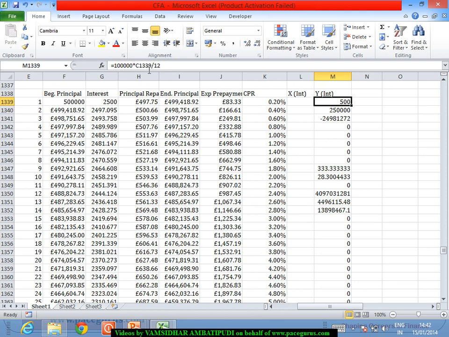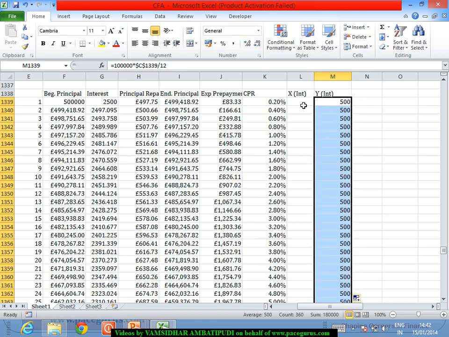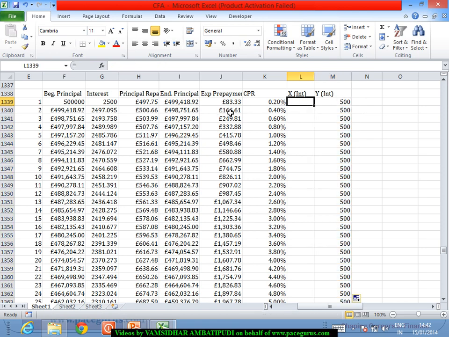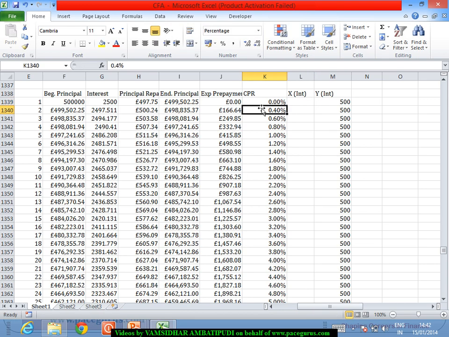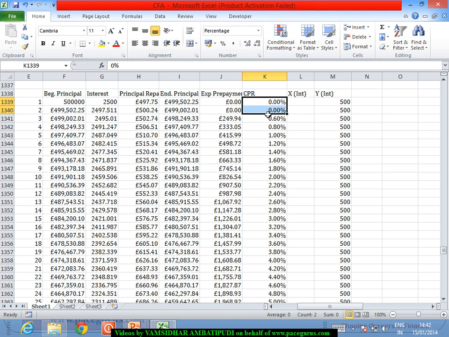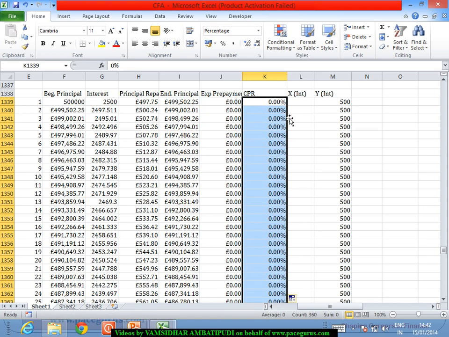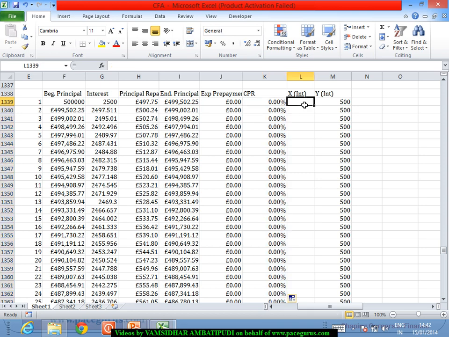So the tranche Y will be receiving interest of 500, whereas the tranche X, so for time being let me make the CPR rates completely 0% to utilize the same numerical. So the tranche Y is going to receive an interest of 500 to start with, whereas the tranche X will receive the remaining portion of the interest.